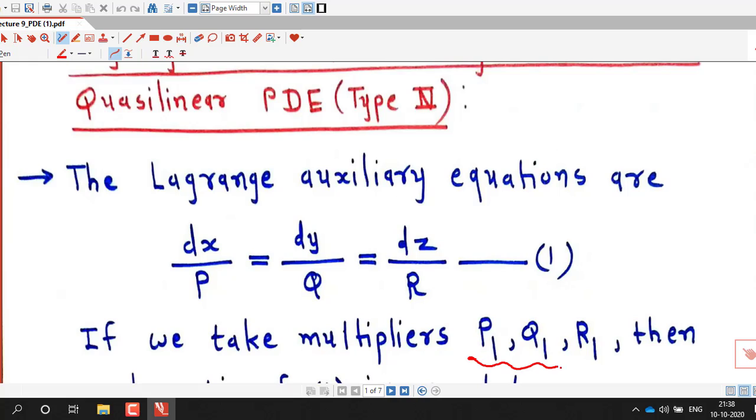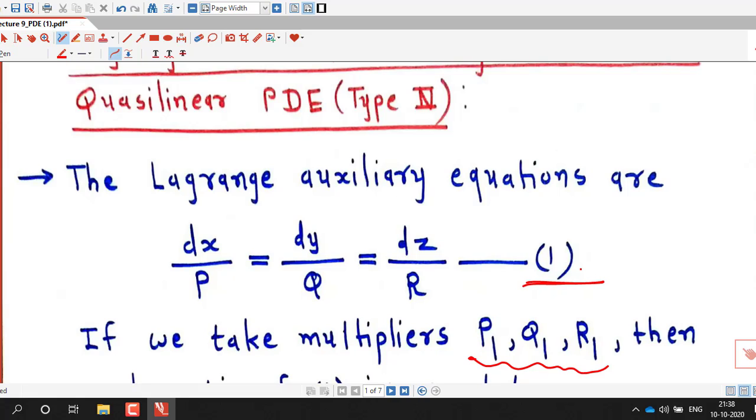P1, Q1, R1 such that the numerator in the new generated fraction is exact differential of the denominator, and that generated fraction can be combined with one of the three fractions of equation 1.